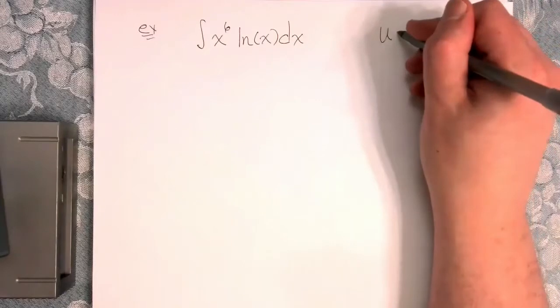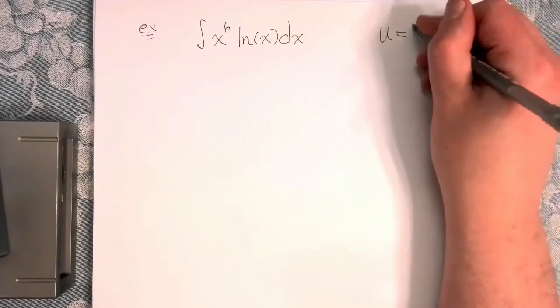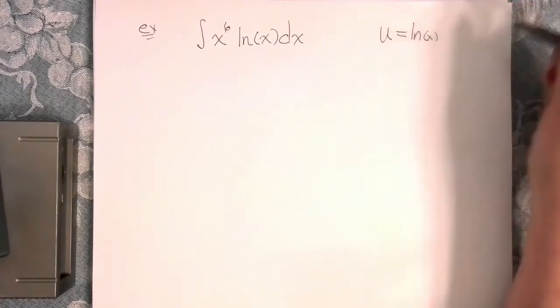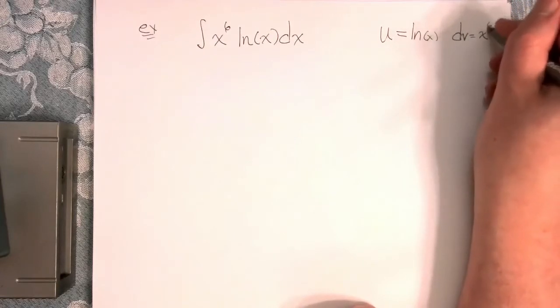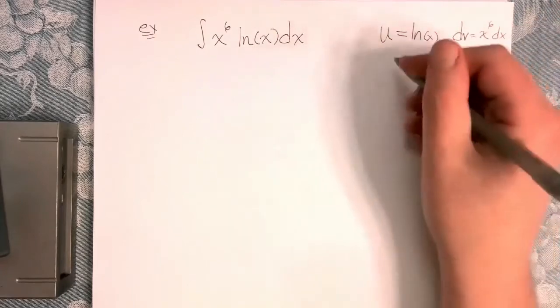And so here, I'm going to choose u to be the natural log of x. And so dv is going to be everything else, including the dx. So that's x to the 6 dx.